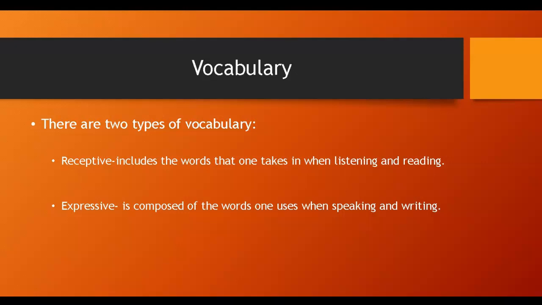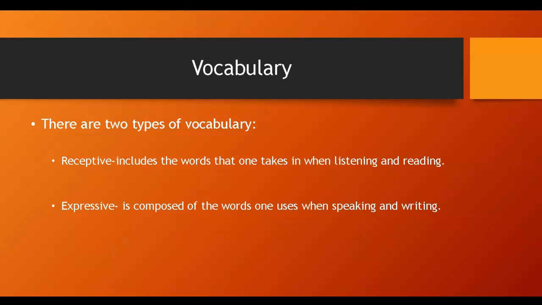It's more so words that a student grasps while reading, something that they catch on to, or they get the meaning right off, like when they're listening to a story or reading a story. Expressive is composed of the words one uses when speaking and writing.